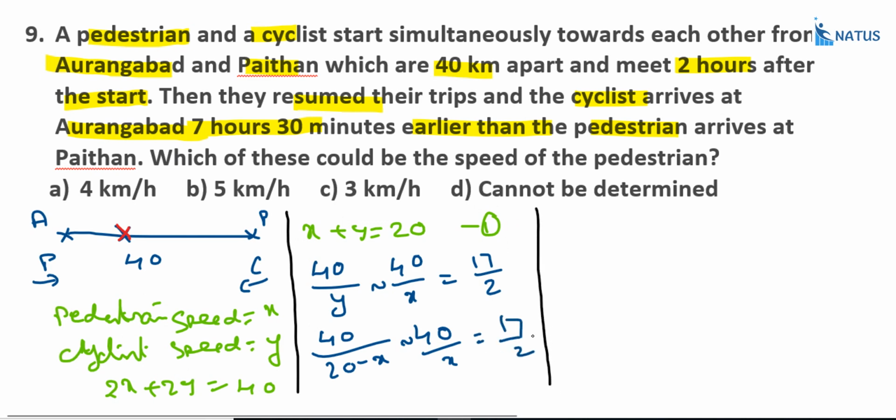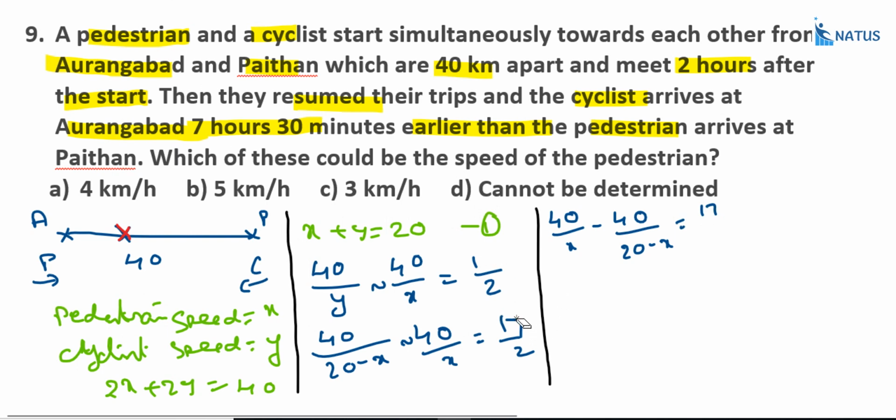Next step. Here, you will take 40 by x minus 40 by 20 minus x is equal to, sorry, this is 15 by 2, not 17 by 2.